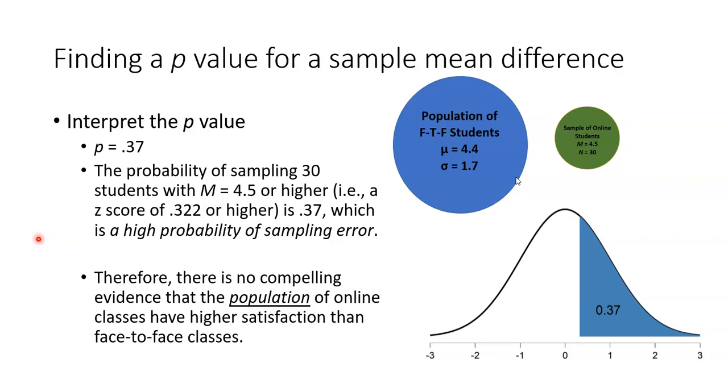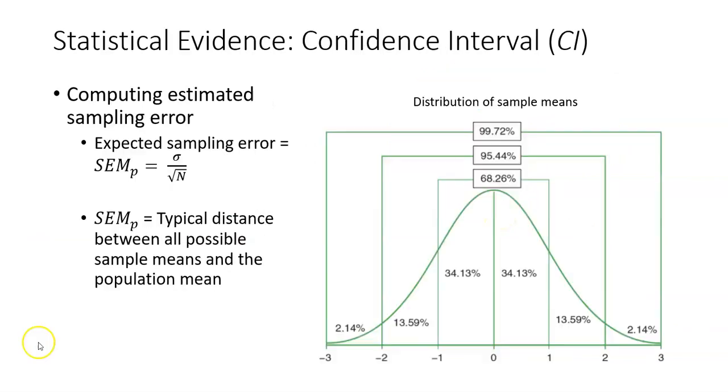So that's not very compelling evidence. Compelling evidence would be a very low p-value. If you get a very low p-value, that would be compelling evidence that the result you got probably did not occur due to sampling error. Here, we don't have that. We have a pretty high p-value, so it seems likely that this could well be due to sampling error.